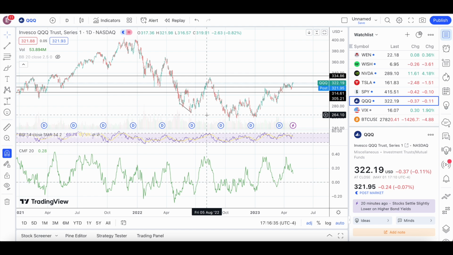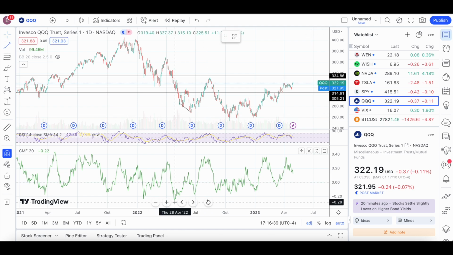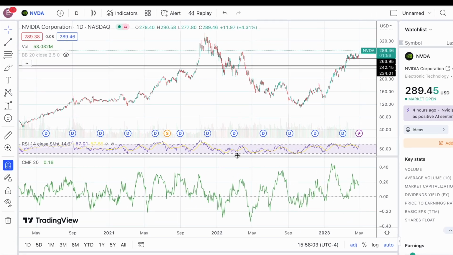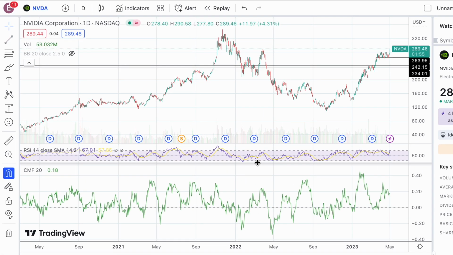Okay, so moving on, the final way that we can interpret the Chaikin Money Flow is to look for crosses, when the line crosses the 0 line from either above or below. This could be an indication that the direction in which the volume is being sent into the market is changing from either bullish to bearish or bearish to bullish.